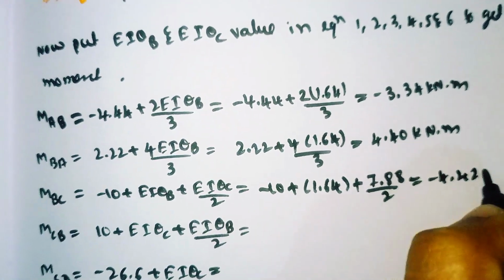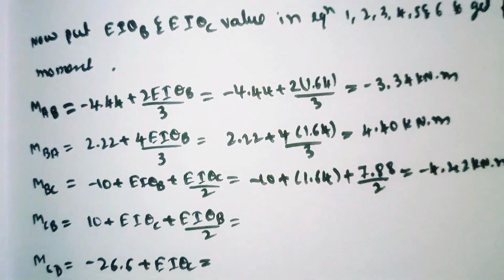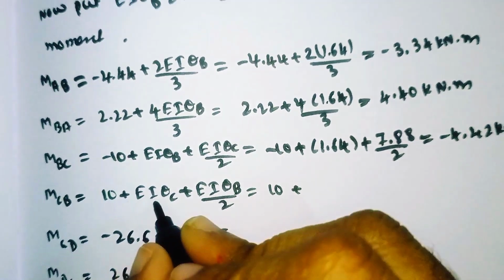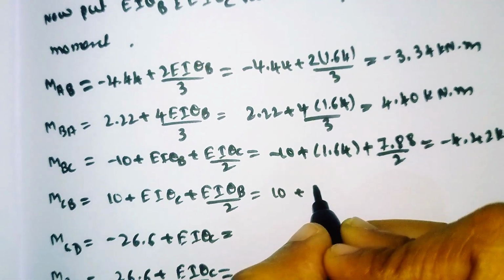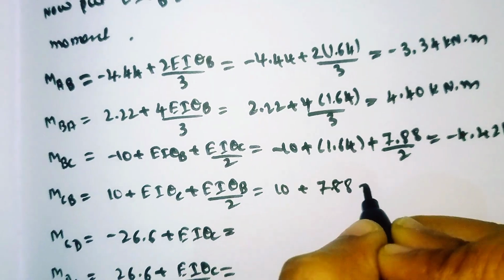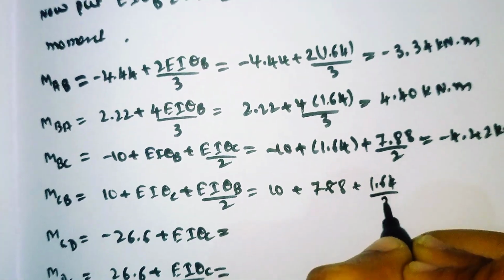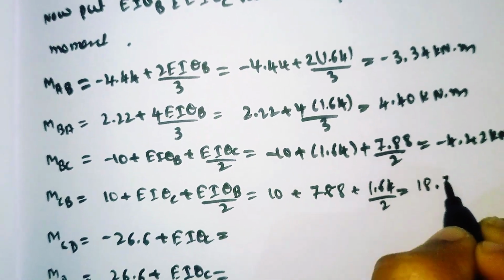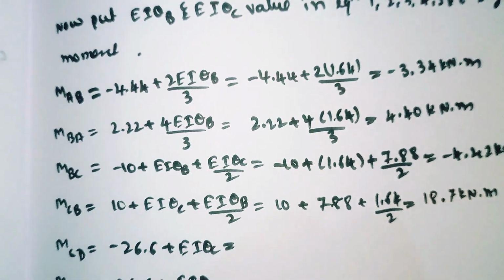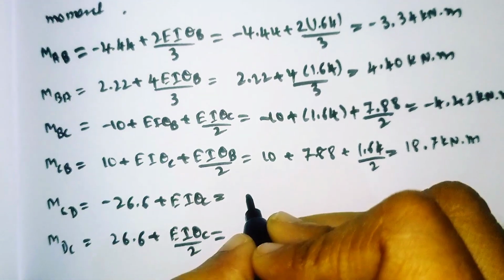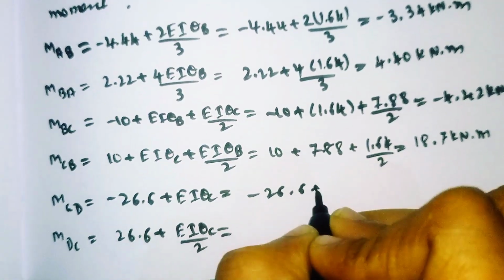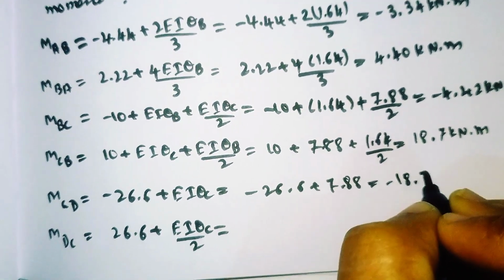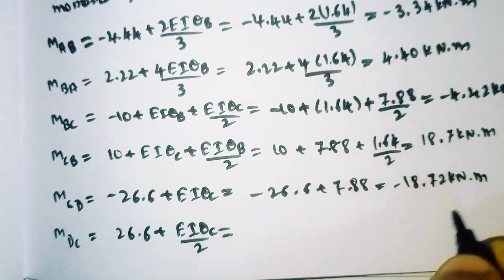It will come out as minus 4.42 kilonewton meter. Similarly for MCB, 10 plus EI theta C value 7.88 plus 1.64 divided by 2. It will come out as 18.7 kilonewton meter. For CD, minus 26.6 plus 7.88, it will come out as minus 18.72 kilonewton meter.